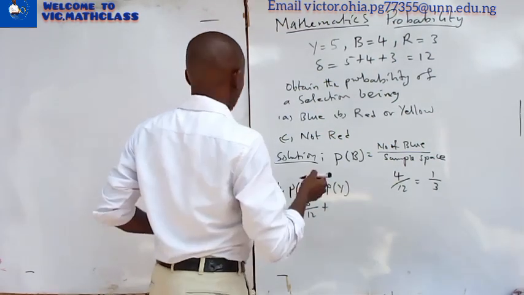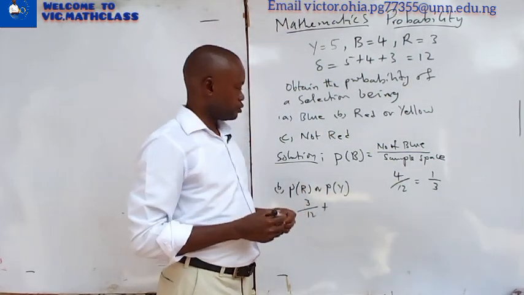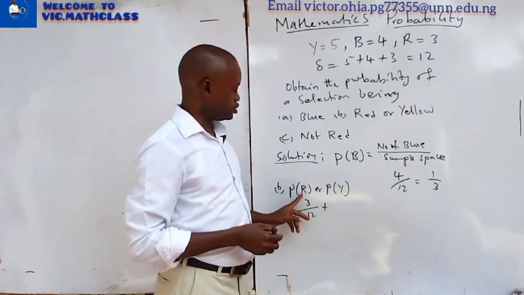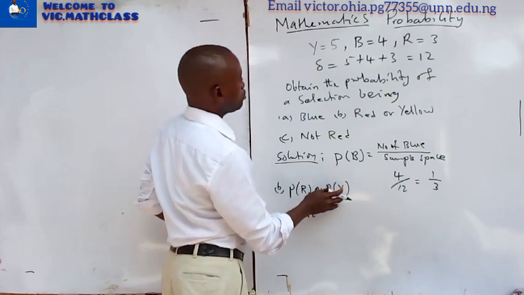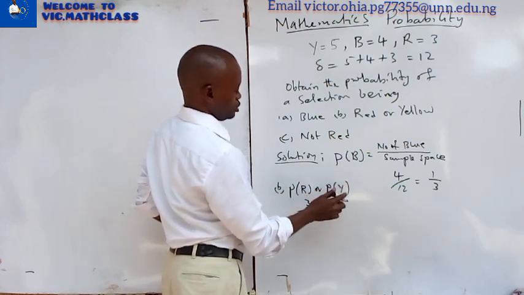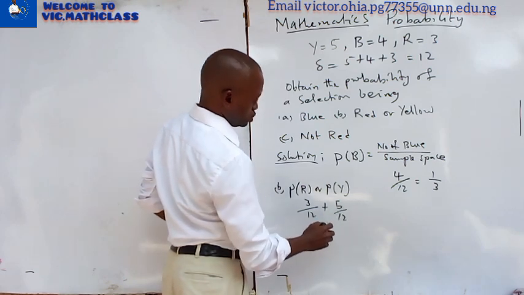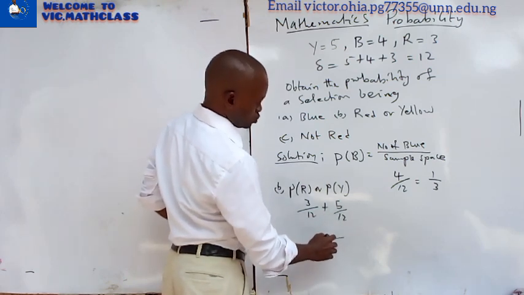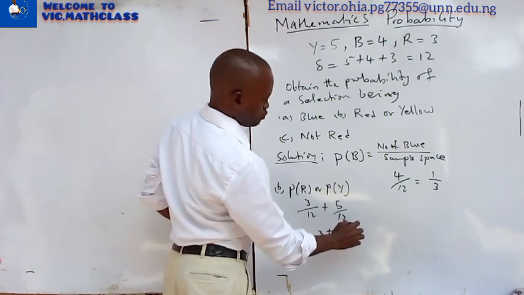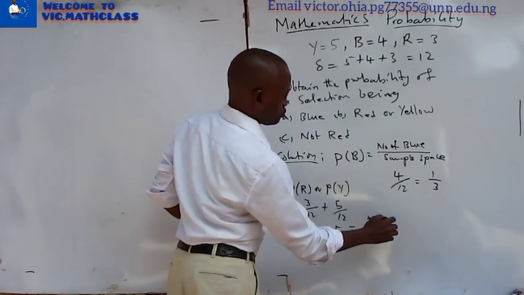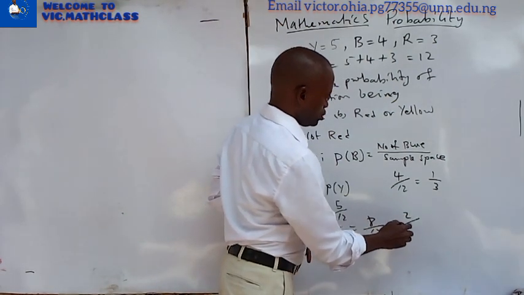Because we are going to add the probability of this and the probability of this, the number of yellow here is 5 over 12, and that is going to give us a total of, of course, 12 in the denominator, and then 3 plus 5 gives 8 over 12. 8 over 12, dividing by 4, is 2 over 3.